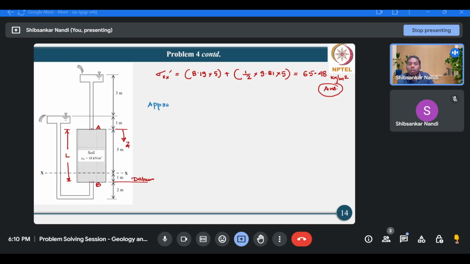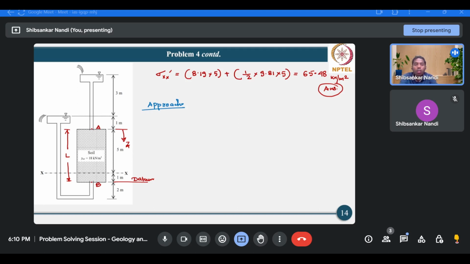Now we'll calculate the same thing, that is the effective stress at the XX level, but by a different approach, and we'll compare whether we end up with the same result or not. Frankly speaking, we should have the same answer whatever the approach is, so the approach is immaterial.